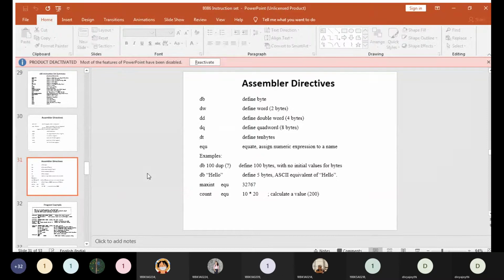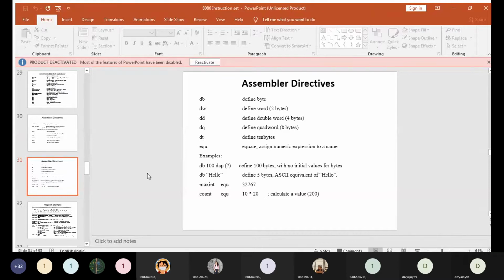So from here, we can easily say that assembler directives will direct the assembler while it is converting assembly language into machine language. I'm repeating, assembler directives will direct the assembler while it is converting assembly language into machine language.